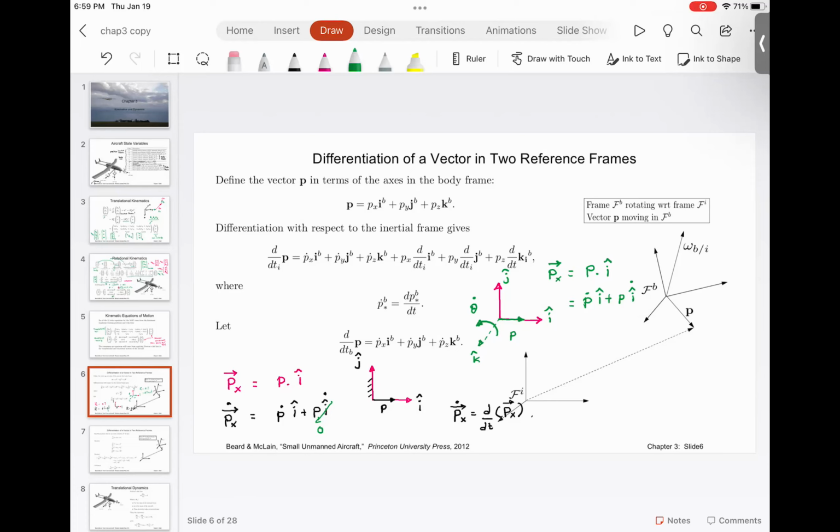Curl your fingers. Okay. So what I have is I'm going to say my omega. Omega is the angular velocity of the frame. Angular velocity of the frame again is given as plus theta dot K. And it's an angular velocity.